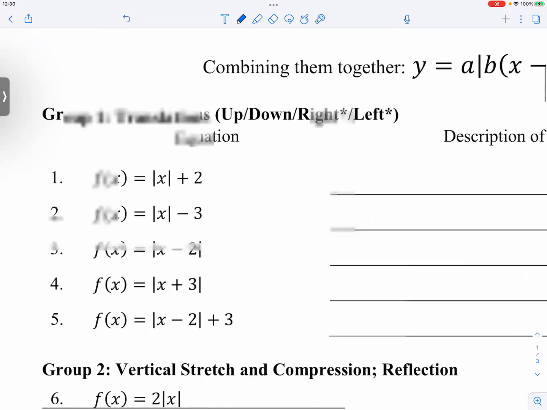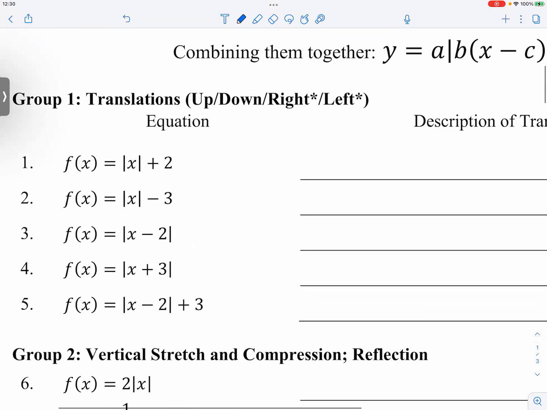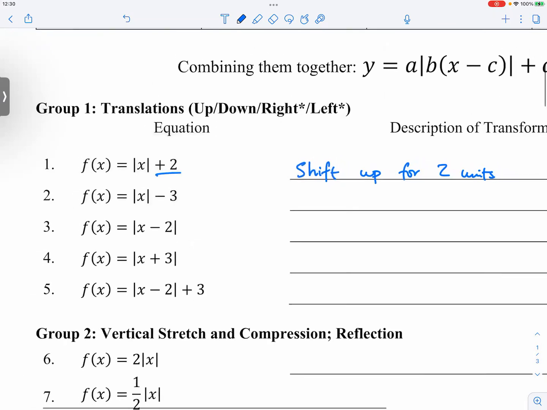So now group 1, it's going to be very simple, straightforward. Let me do 1 as a standard. Number 1, so we say, oh, this is a +2. That means we are having a graph that is being shifted up for 2 units. Okay. So that's how you would write it.